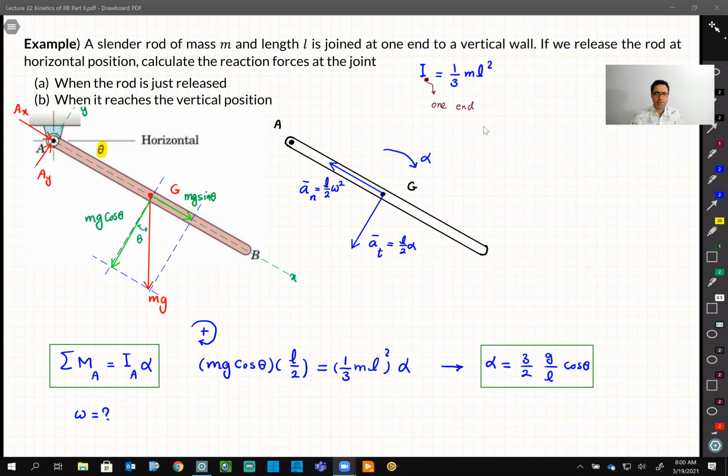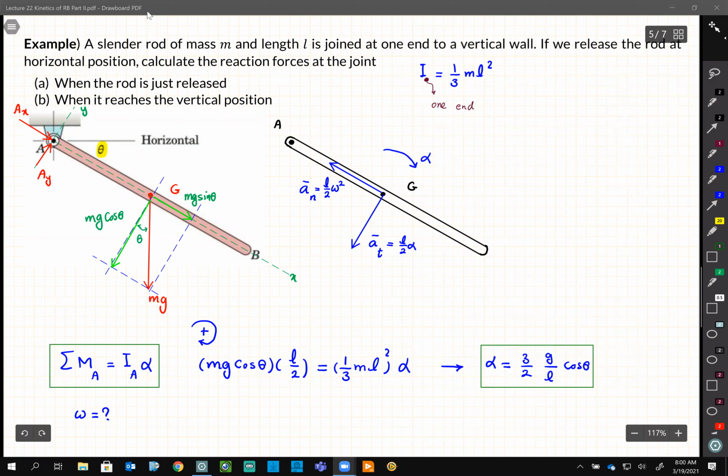Maybe I can turn off my camera so you can just focus on the screen. This is the example from lecture 22, and I thought you guys could solve it on your own, which most of you maybe did. There are some questions, so I quickly continue its solution.